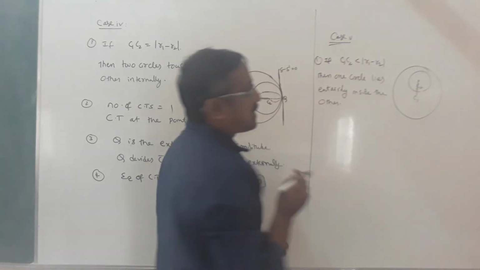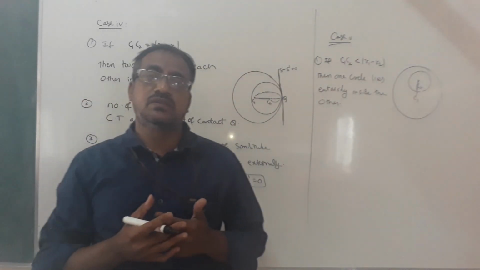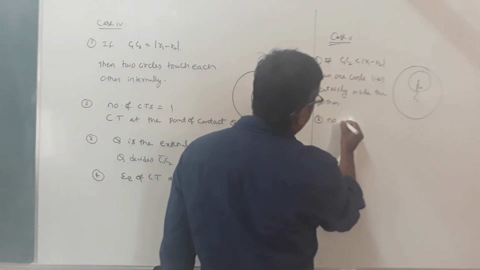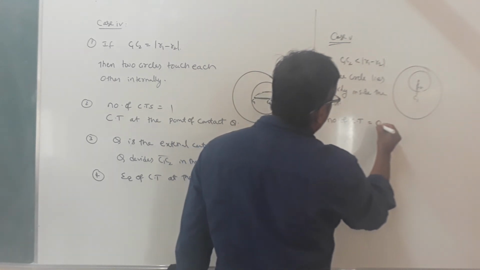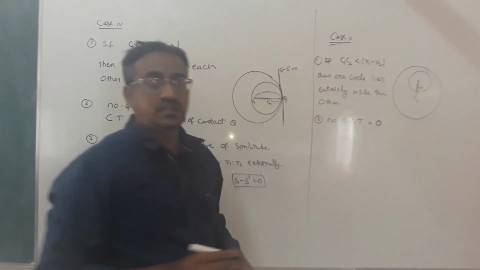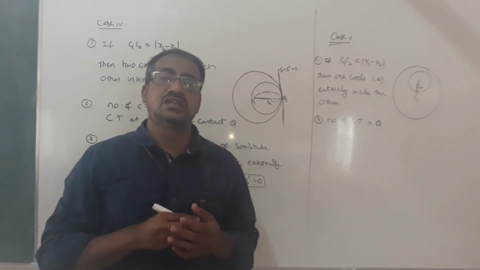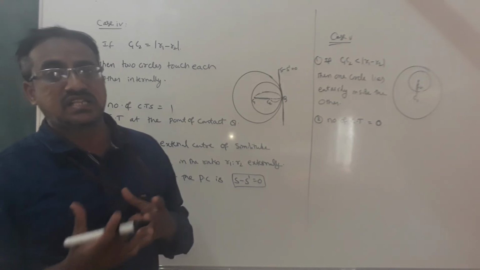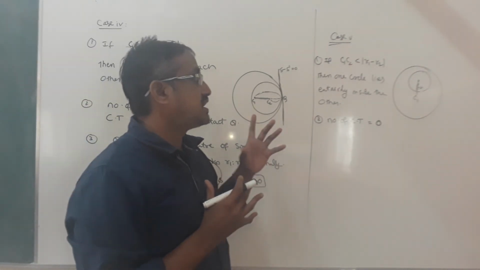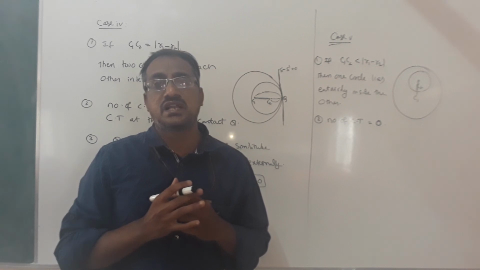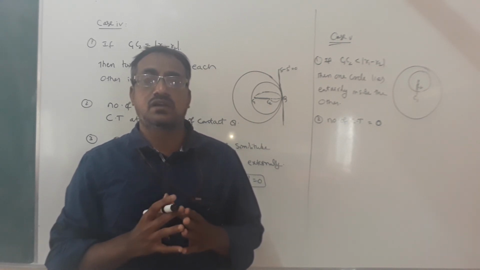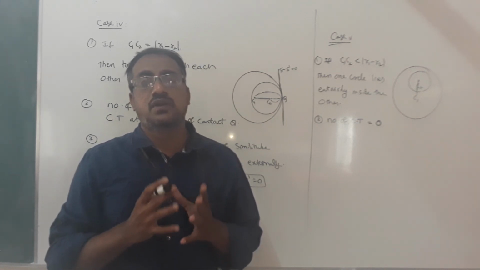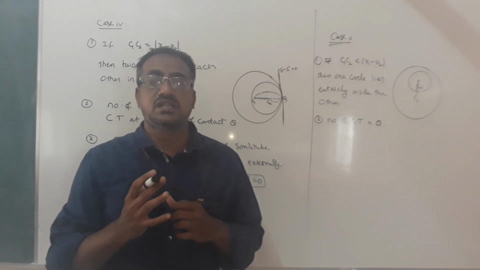Very, very important concept for objective MHT-CET or JEE exams. Here the number of common tangents is 0. That is why it is more important than the others for JEE exams. So the number of common tangents you can draw in this case is 0, when C1 C2 is less than mod R1 minus R2. You have to read all these concepts to solve the problems. Very, very important for 7 marks questions.